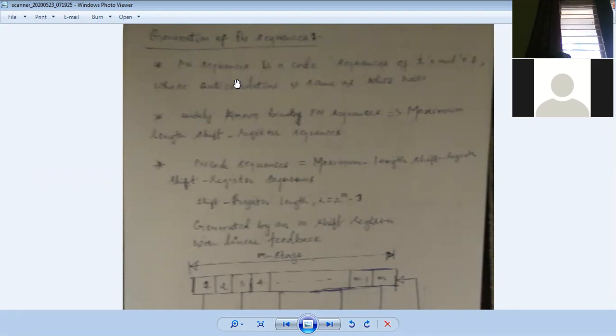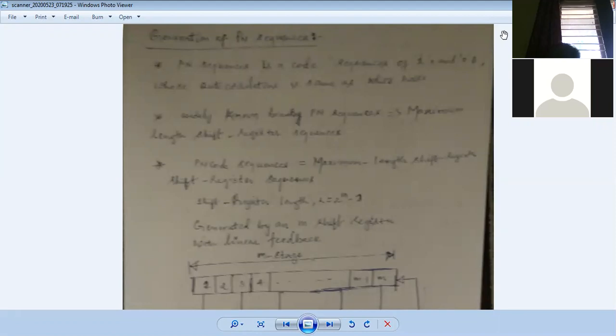Then this signal is transmitted over the channel using modulation techniques, either BPSK, QPSK or FSK, to the receiver. Similarly, a replica of the PN sequence, c(t), is used in the receiver for the de-spreading process.